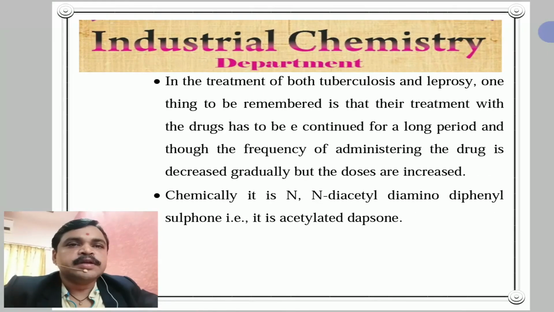Number 4, in the treatment of both tuberculosis and leprosy, one thing to be remembered is that the treatment with the drugs has to be continued for a long period. As with anti-tuberculosis drugs, it is a long process, 3 to 6 months. Though the frequency of administering the drug is decreased gradually, the doses are increased.